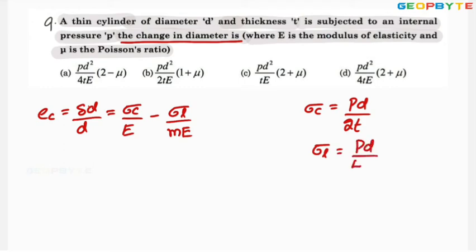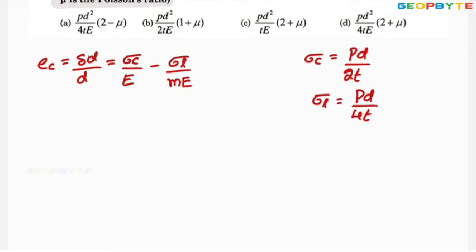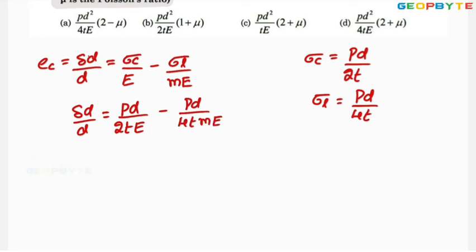where sigma c equal to circumferential stress equal to PD by 2T, longitudinal stress equal to PD by 4T. So it can be written as delta d by d equal to PD by 2TE minus PD by 4TmE. Let me write the PD by 4T outside.